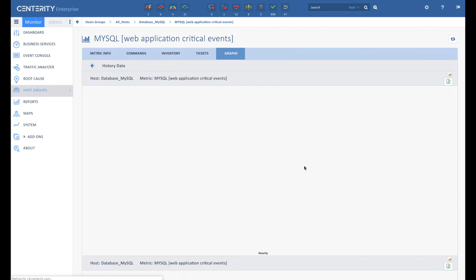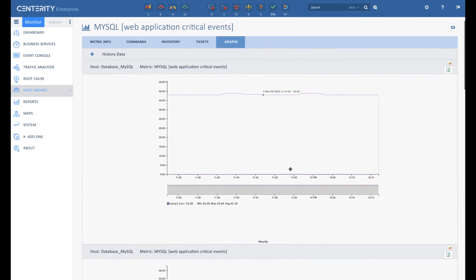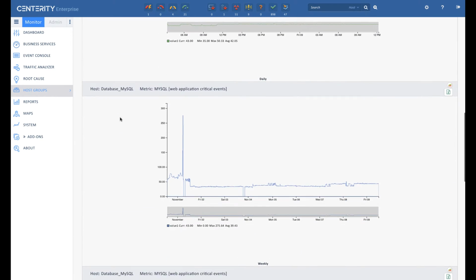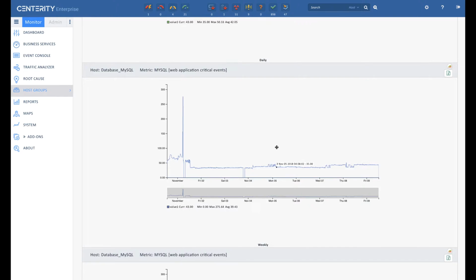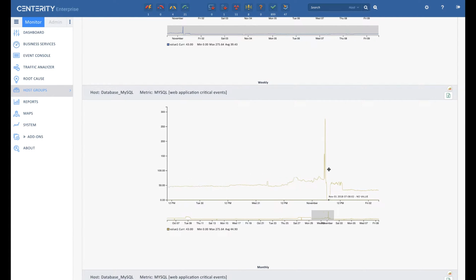Once I click on history, I can also go beyond this day. So we have the hourly graph, the daily graph, the weekly graph, and monthly. And once I see some peaks, I can come closer and see the exact time of the event and drill into that.